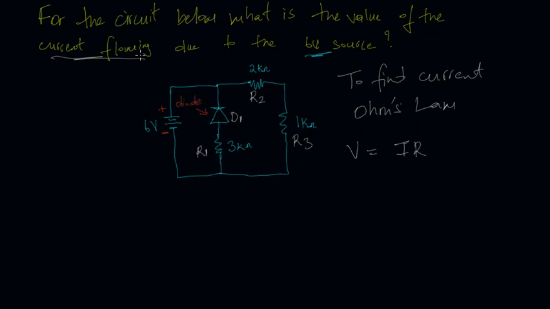Now a diode is very sensitive in terms of how it is connected in a circuit, right? The only way current will flow through a diode is if it's in a forward bias configuration. And what we mean by a forward bias configuration is we must have the positive terminal of the diode connected to the positive side of the circuit.